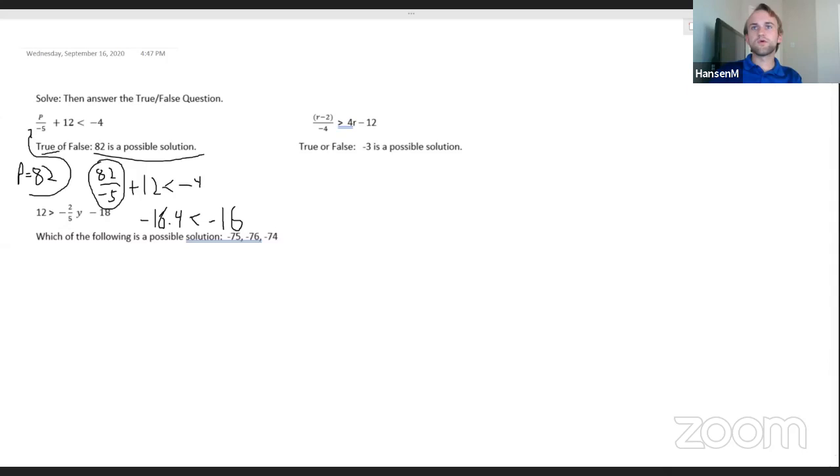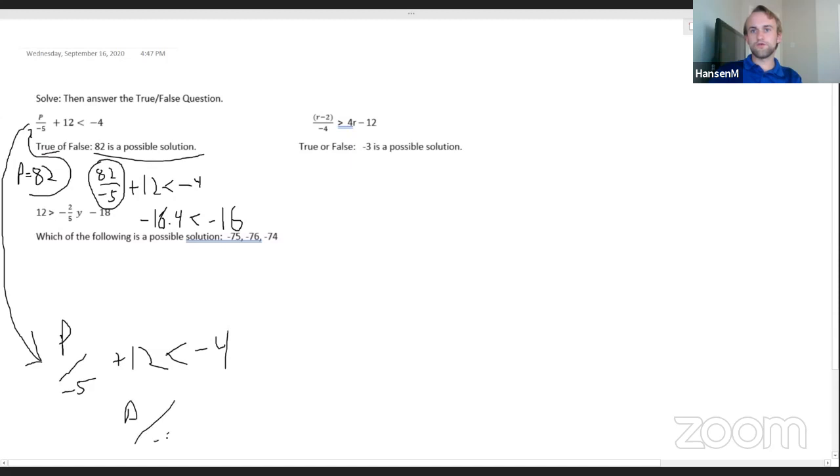Likewise, we could pretend that we didn't know what p was, and figure out what values of p work for the inequality. We have p over -5 plus 12 is less than -4. So p over -5 is less than -16.